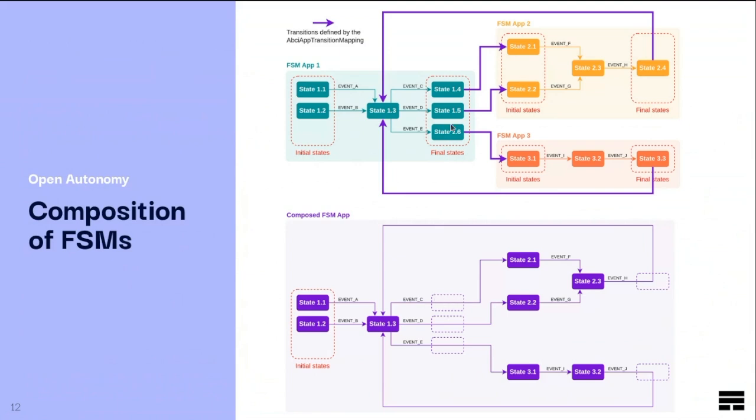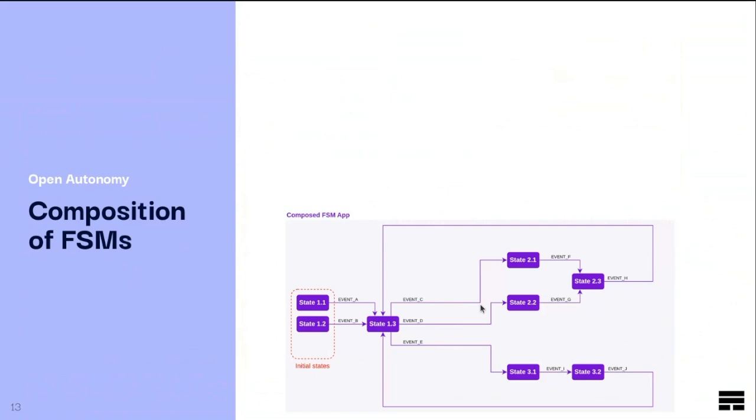This is just the mechanism the framework has to indicate that I can transit outside here. So if I clean up these removed final states a little bit, this is how my composed finite state machine will look. Again, this state 1.3 is also an initial state.